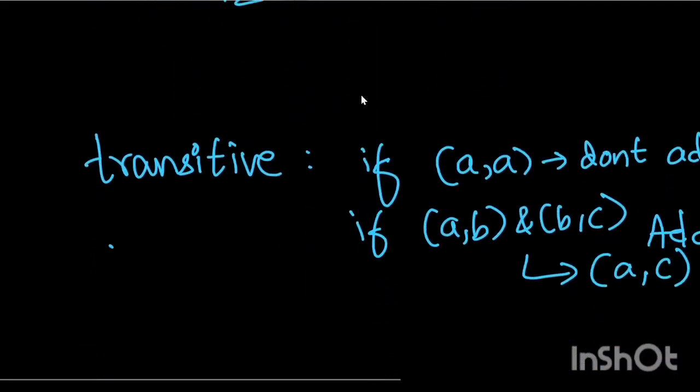For transitivity, guys, if AA, then don't add. But if you think of AB, then you look for an element starting with B, and if you get BC, then you seek for AC, and if not, then you need to add.